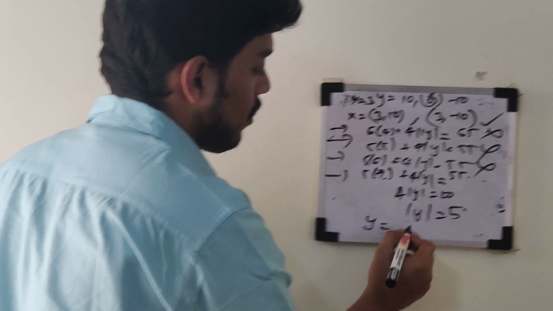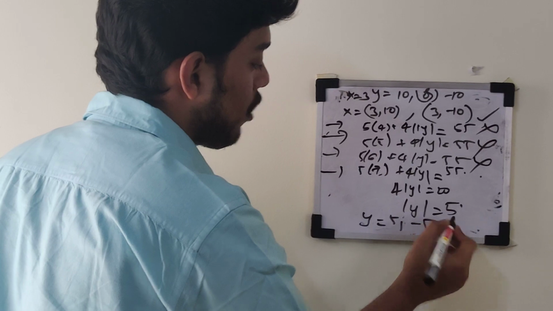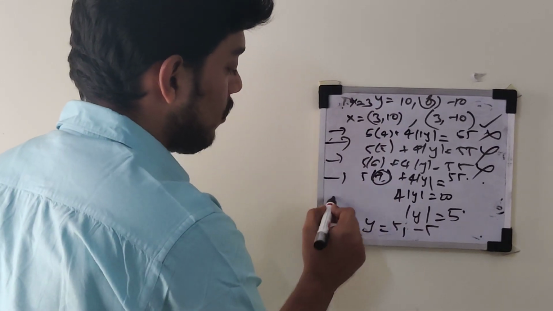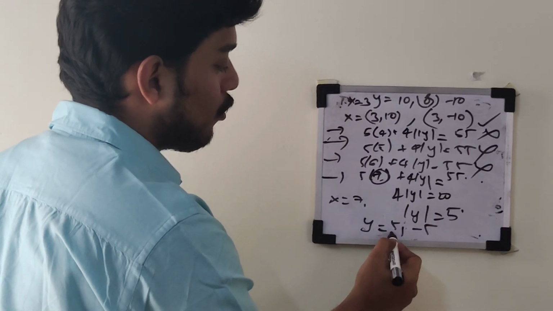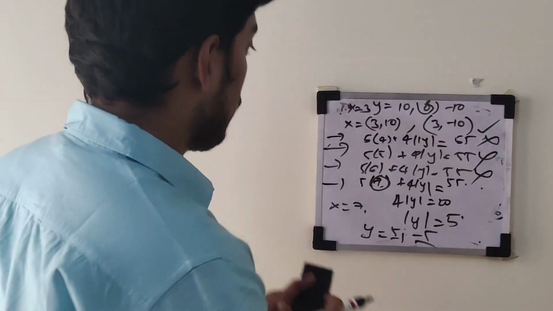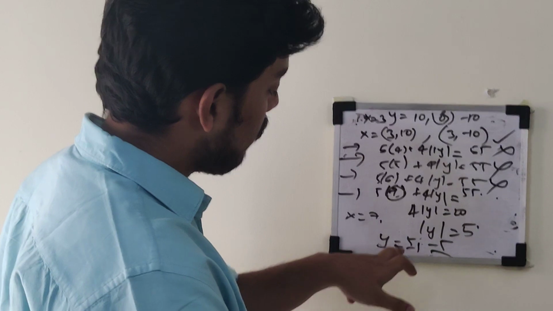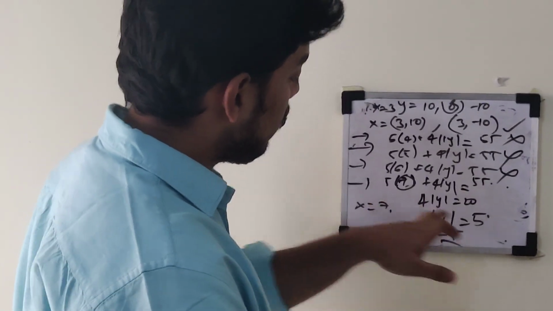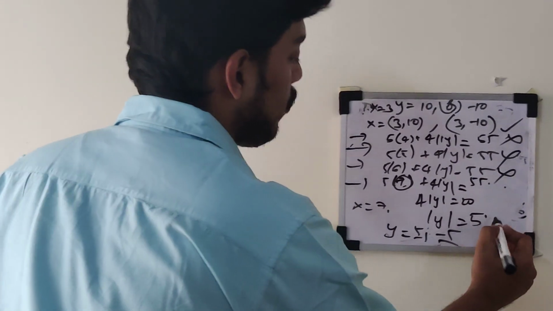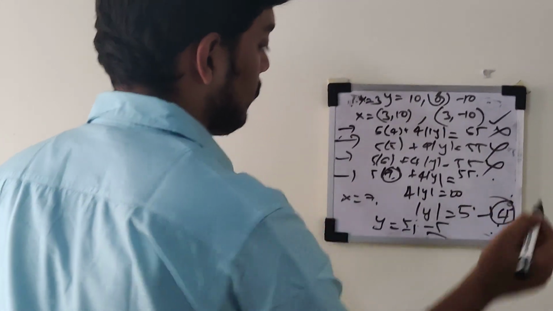And here we can have two values, 5 and minus 5. When x is equals to 7, we will get two values, 5 comma minus 5. How many solutions are possible? 3 comma 10 and 3 comma minus 10, and 7 comma 5 and 7 comma minus 5. So up to here, 4 pairs are possible.